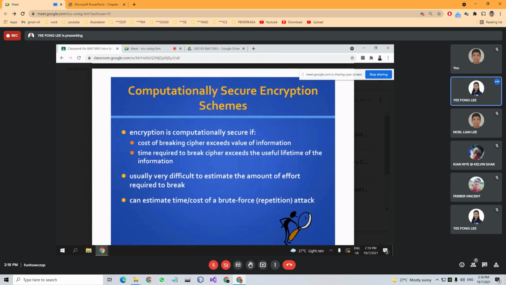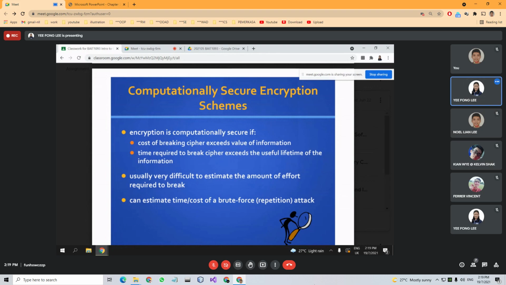If it takes a high cost to break the cipher compared to the value of the information, of course people will not go and crack the cipher, right? The second, the time required to break the cipher exceeds the useful lifetime of the information.